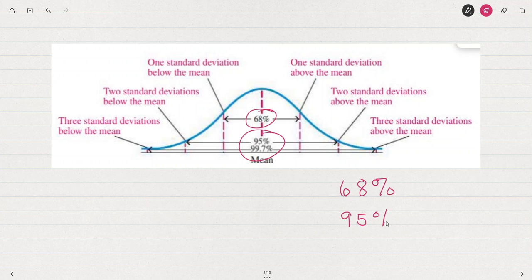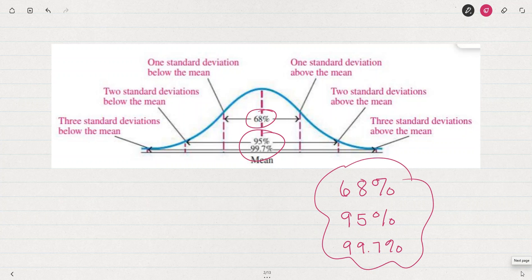Approximately 95% of the data falls within 2 standard deviations, and approximately 99.7% of the data falls within 3 standard deviations of the mean. So this is a starting point, is understanding or recognizing these 3 approximations as the empirical rule.